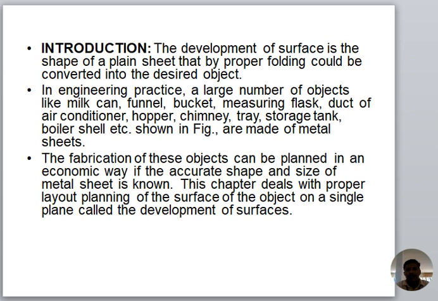In engineering practice, a large number of objects like milk cans, funnel, bucket, measuring flask, duct of air container, hopper, chimney, tray, storage tank, boiler shell, etc. These all are the three-dimensional objects shown in the figure, made up of metal sheets. If these three-dimensional objects are properly unfolded, they form the metal sheet.